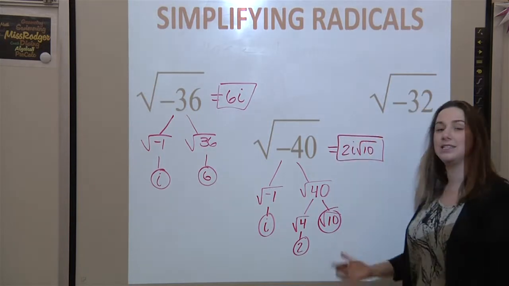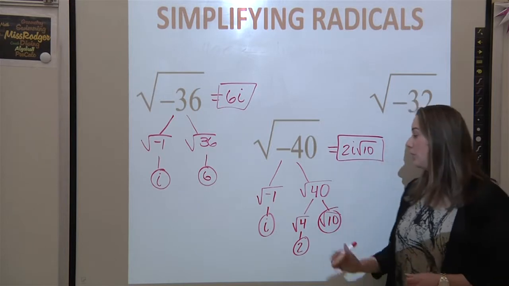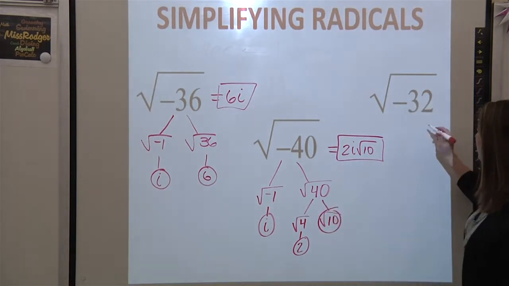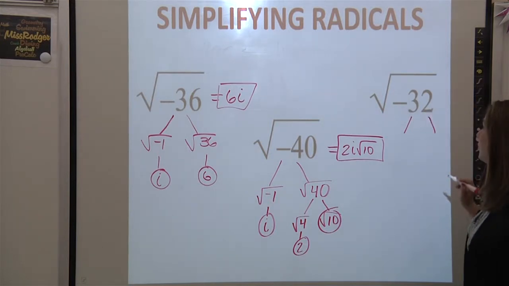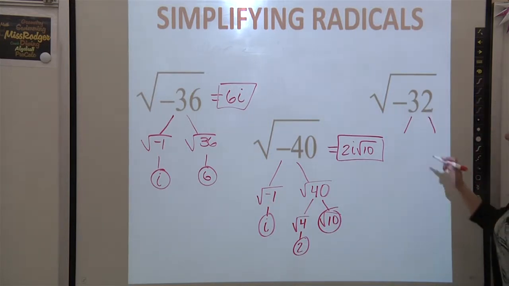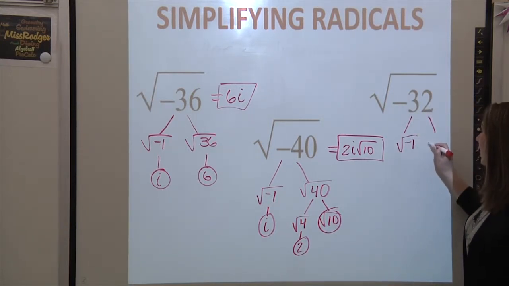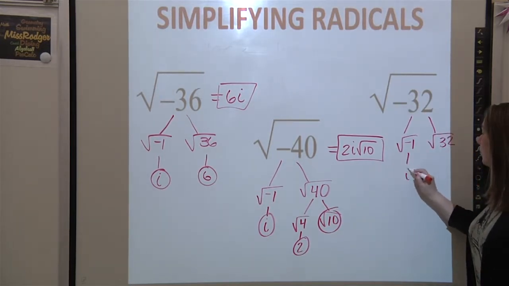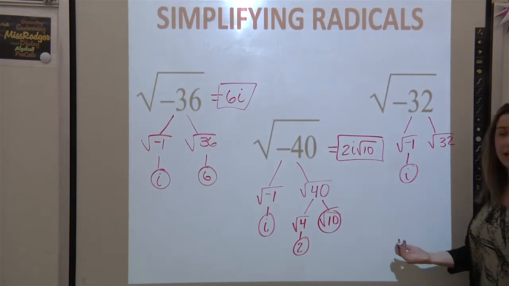And I want to break this down as simply as possible using this idea of square roots and perfect squares. So if I think about radical -32, I'm going to do the same idea. Radical -1 times radical 32. Radical -1 is i.